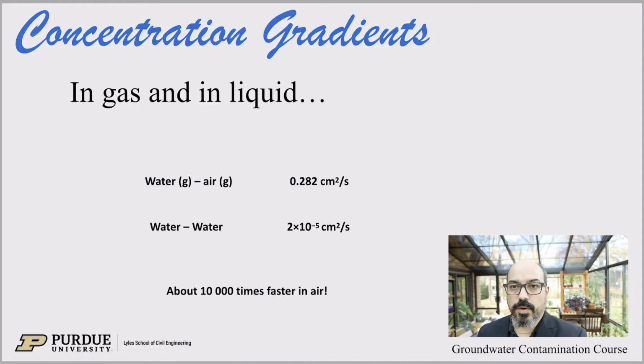The diffusion of water vapor in air is 0.2 square centimeters per second, and the diffusion of water in water, liquid in liquid, is 2 e minus 5 square centimeters per second. So we can see that liquid in liquid diffuses much slower than gas in gas, which makes sense.